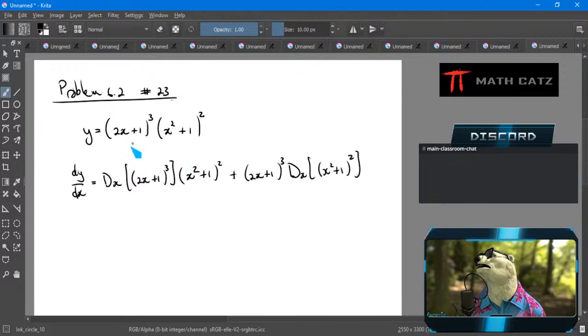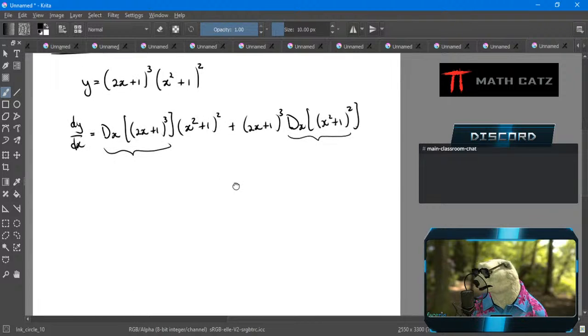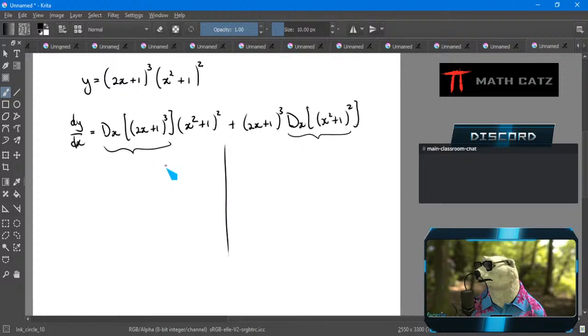I need to do this derivative. This requires a chain rule. Later on, this will require a chain rule as well, but a different one. So I have two different chain rules that need to be done. So let's maybe do that now and then come back to what the original function's derivative is when I put everything together.